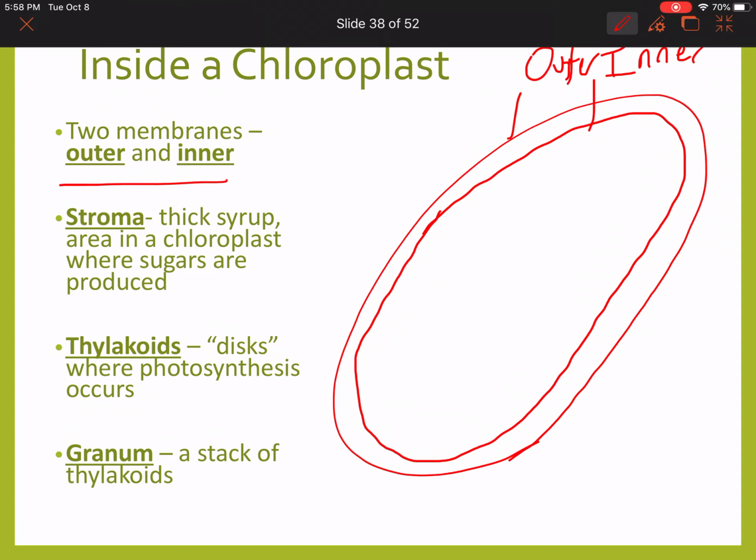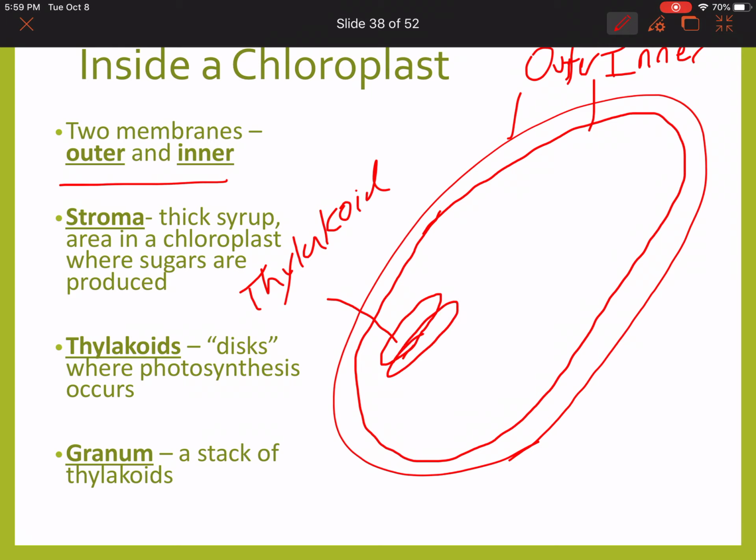Now, the weird stuff happens on the inside. I think chloroplasts were named by some crazy Russian, because I gotta admit, the names of these parts are weird, but that's no excuse not to learn them. First off, we've got little discs, little circular things. This disc is called a thylakoid. But you never see just one thylakoid. They travel in packs.